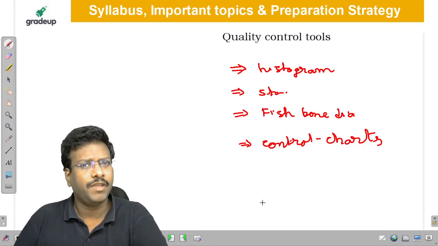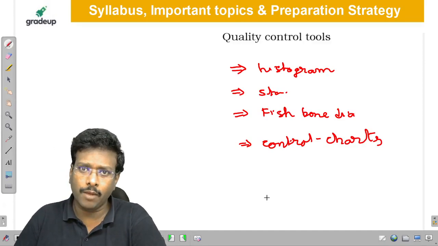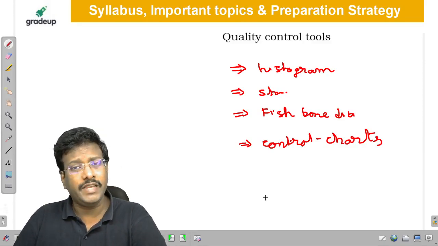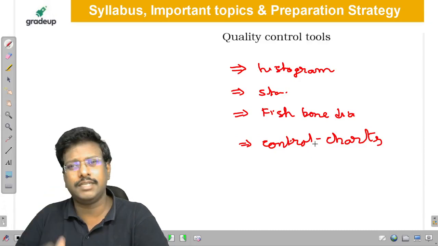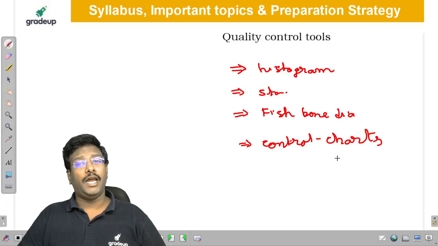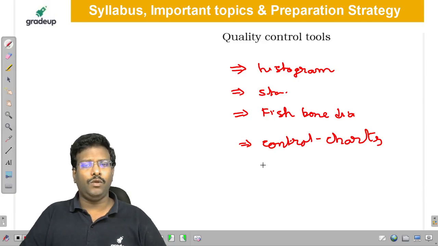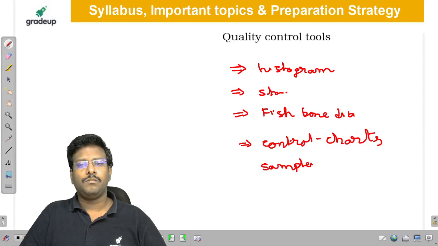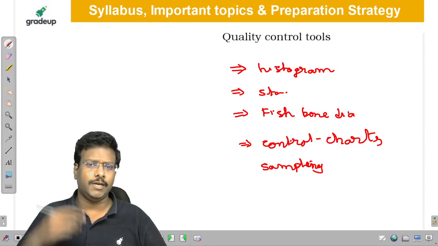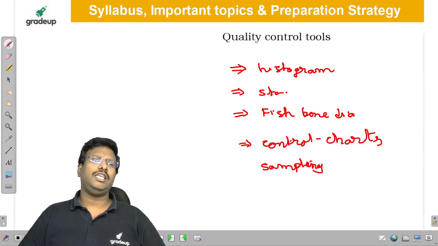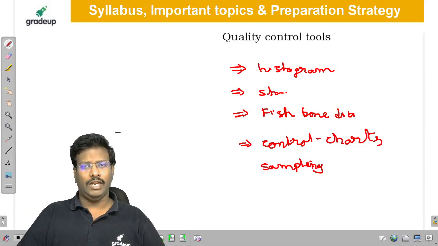Here again, attribute control charts and variable control charts are there, and which control chart will be used in which application. They are asking questions from it. Sometimes, in order to check the quality, we use sampling. When we use sampling, when we use attribute or variable control charts, all these things come under quality control tools.